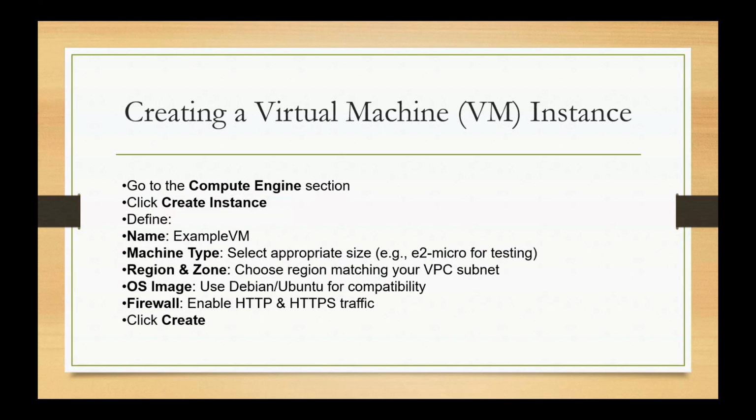You will find the CPU, the memory, and the per hour cost. You need to check this properly. For this demo you can select the EC2 micro instance, because we are not going to deploy machine learning. It's just a simple Flask demo project.